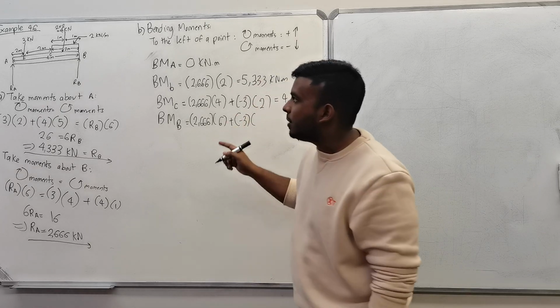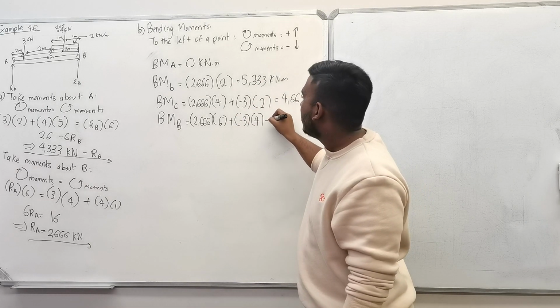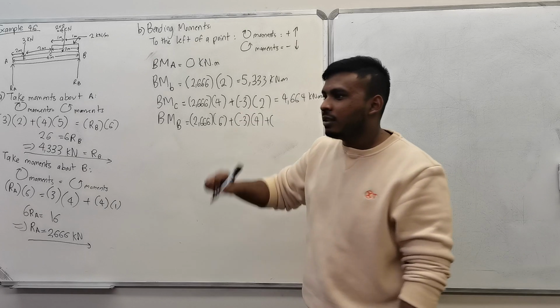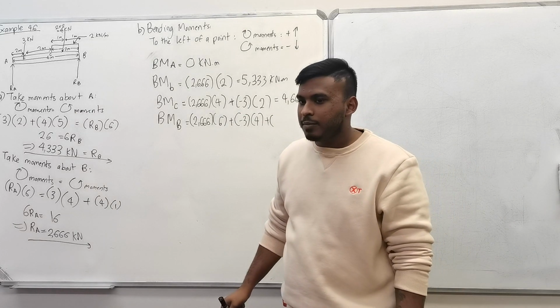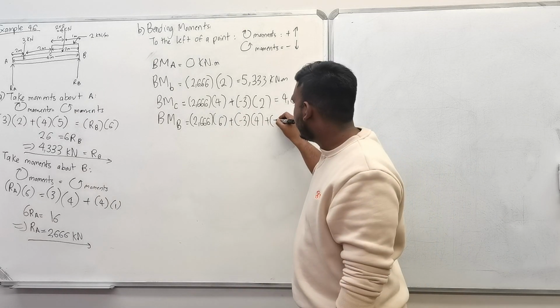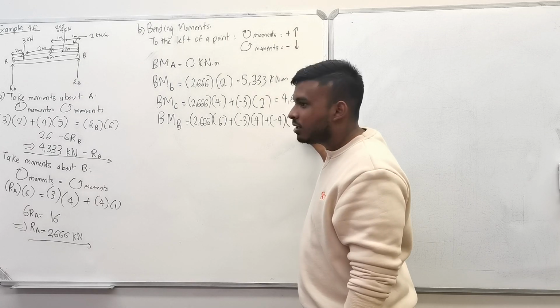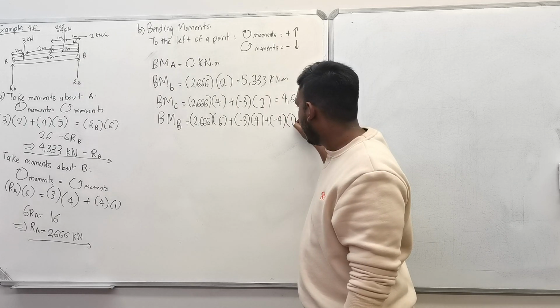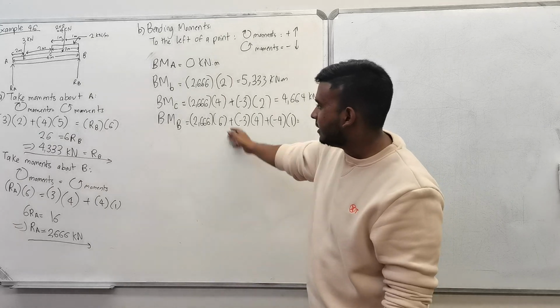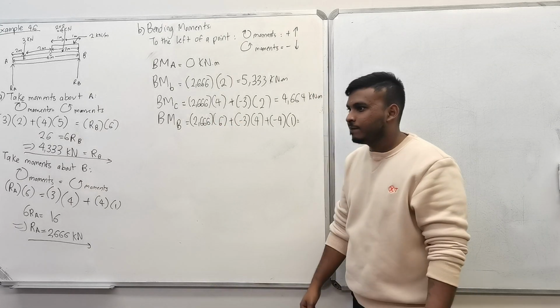And how far away is that from B? 4 meters plus what? Negative 4 times 1. What's that? 0.